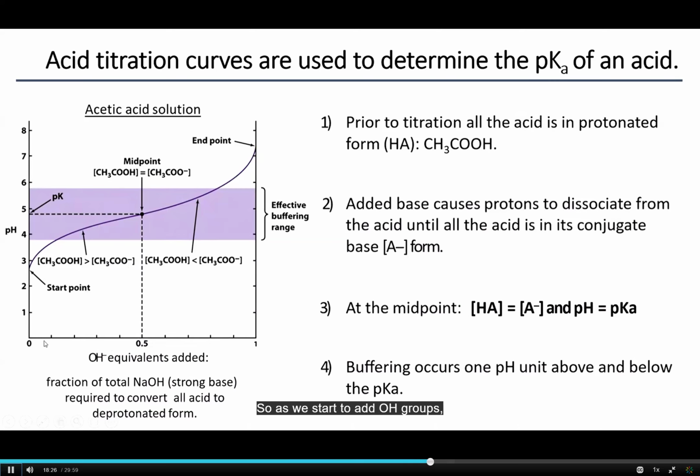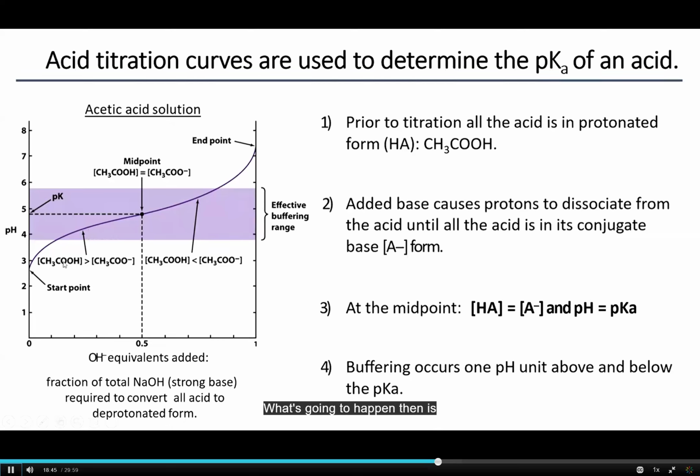As we add OH groups, the pH of the solution is going to increase, and there will be less and less free hydrogen in the solution as it combines with the OH that we're adding.